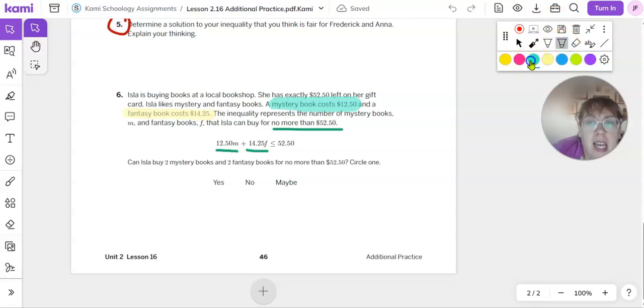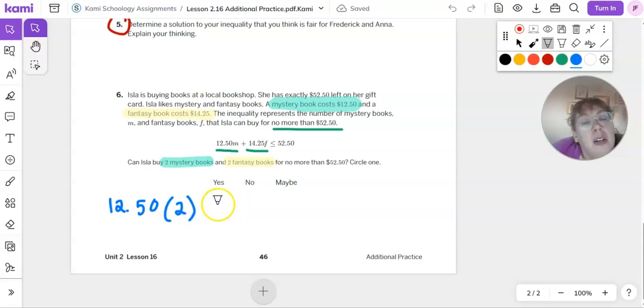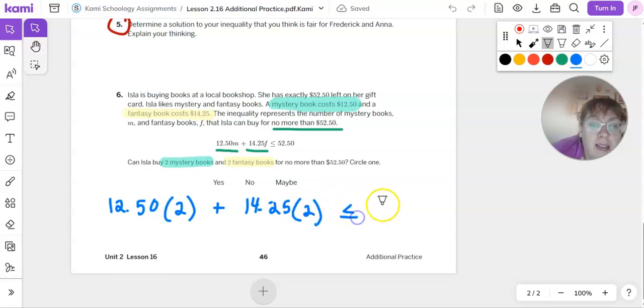And the question says, can she buy 2 mystery books and 2 fantasy books with that price criteria of 5250? So to test it out, we would take 1250, multiply it by 2, and then we're going to add our 1425 and multiply that by 2, right? And we're wondering if that's less than or equal to 5250.